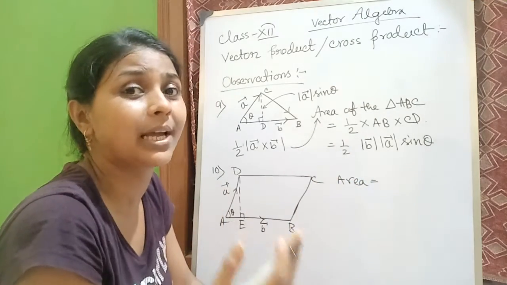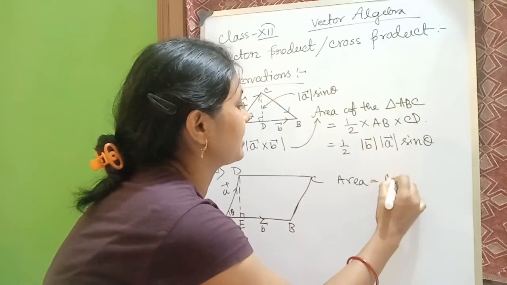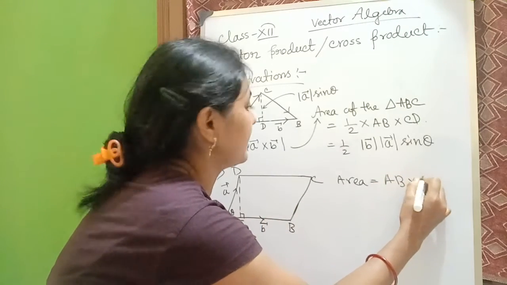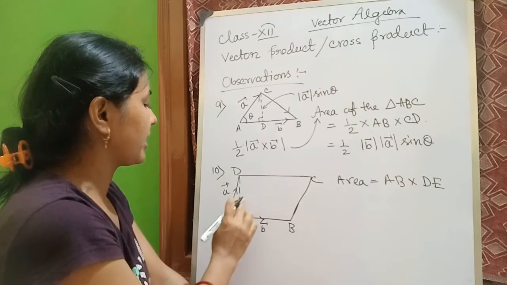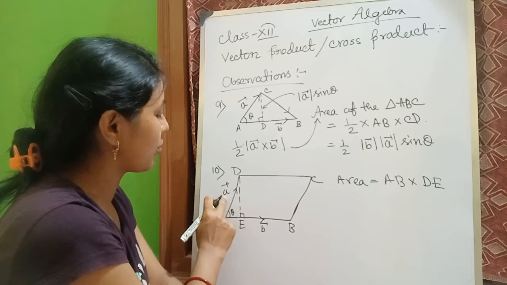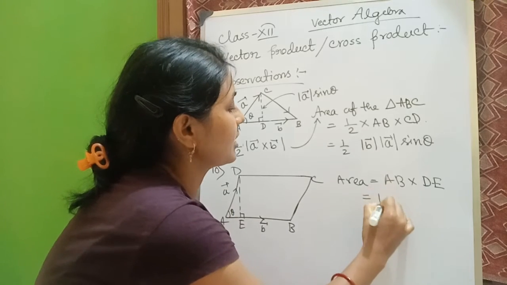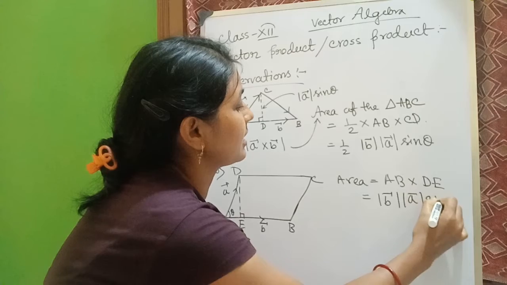Half into base into height is for a triangle. Only base into height. Base means AB and height means DE. Now from this right triangle and applying trigonometry, we can say that DE is equals to mod A sine theta, and AB is equals to mod B.